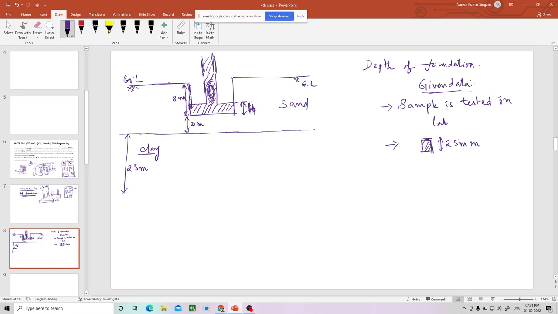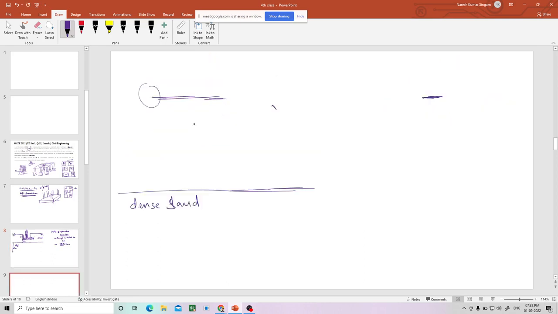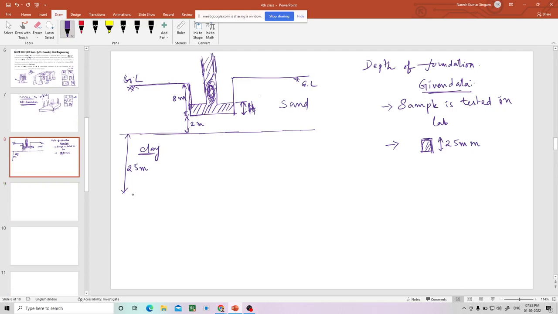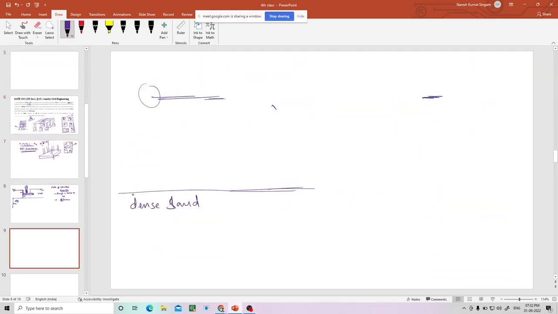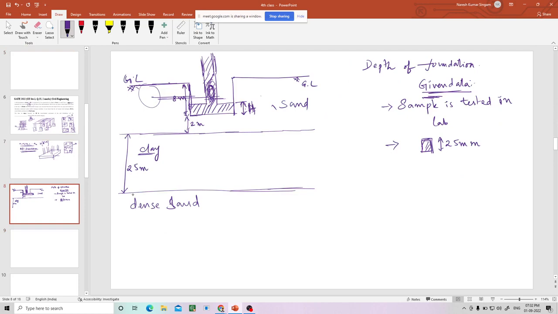Just see this. Oh, something is deleted. Yeah, see, there is a dense sand. See, compared to 25 meters, 25 mm is just negligible. Somewhere at the mid depth, it will be just a point.